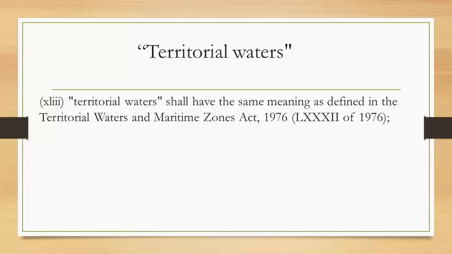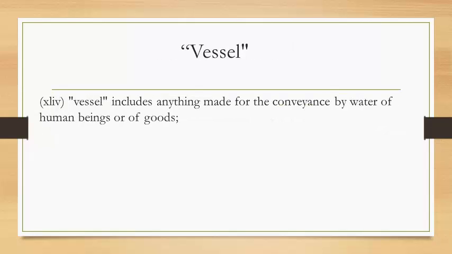Territorial waters shall have the same meaning as defined in the Territorial Waters and Maritime Zones Act, 1976, (LXXXII of 1976). Vessel includes anything made for the conveyance by water of human beings or of goods.